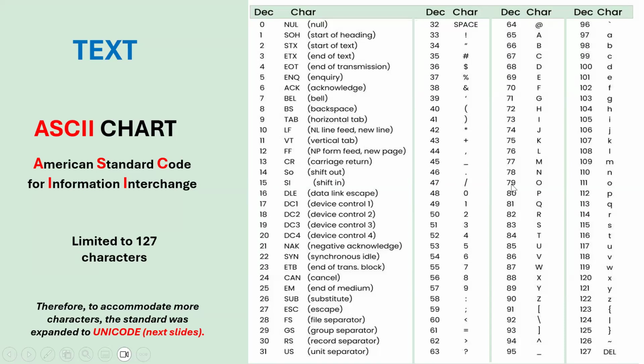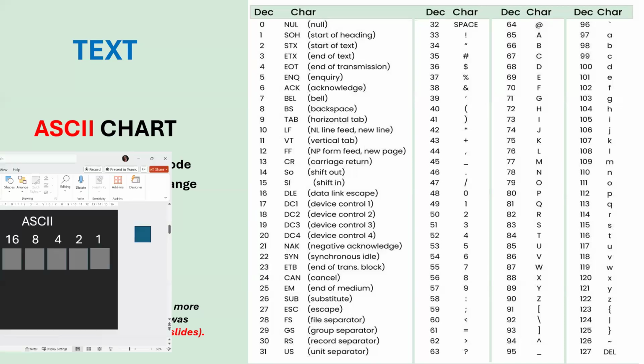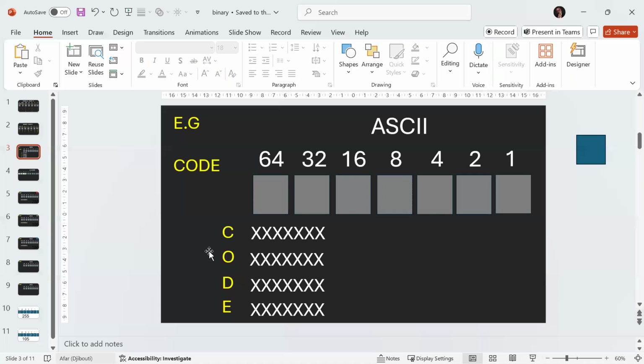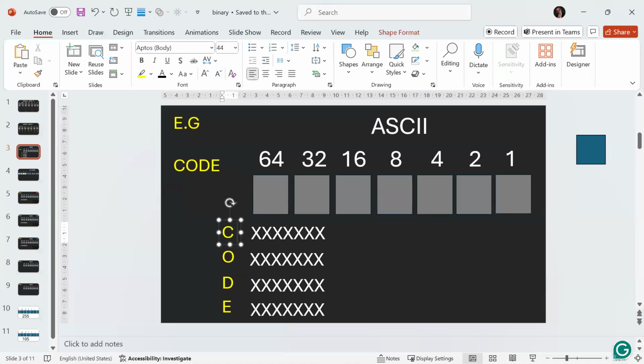Follow me also, O is 79. So let me go back: 67, 79. So we're going to do this with 67.